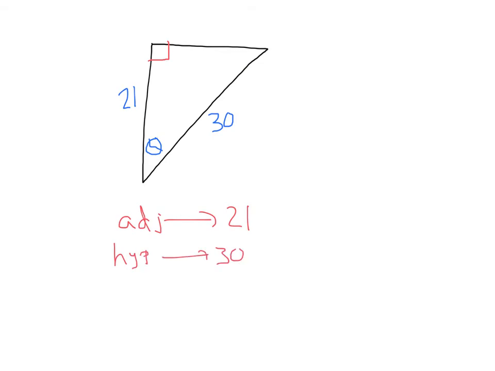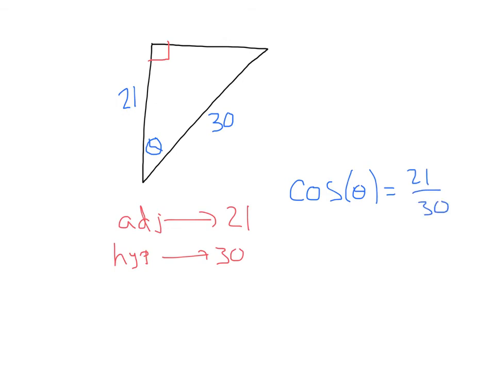And then, since we have our adjacent and hypotenuse, we know we're going to use cosine, because cosine is adjacent over hypotenuse. Instead of putting an angle in here, this time this is going to be our variable, theta. So we have cosine theta equals adjacent over hypotenuse.